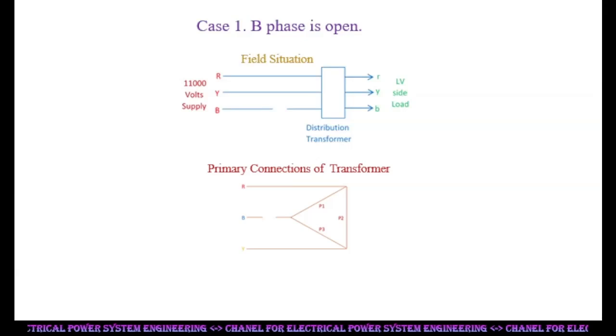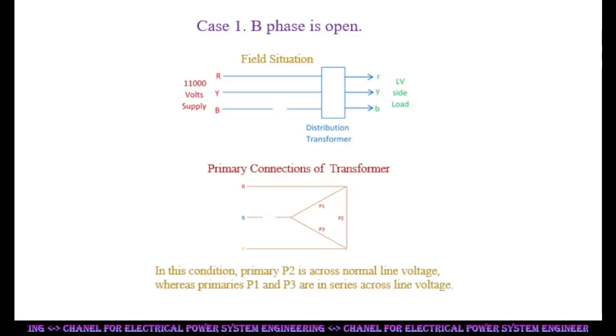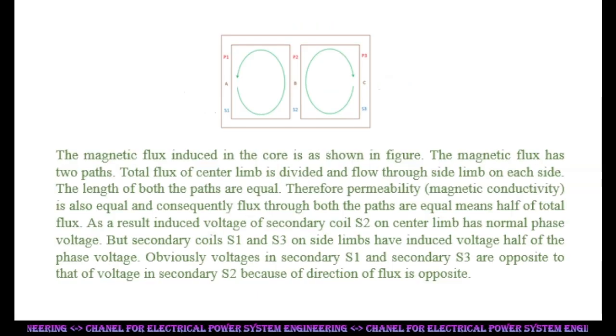In this condition, primary P2 is across normal line voltage, whereas primaries P1 and P3 are in series across line voltage. The magnetic flux induced in the core is as shown in figure. The magnetic flux has 2 paths.